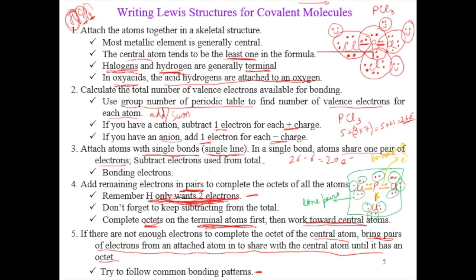All the other electrons that are around this, which is essentially the lone pairs that are present, are also called non-bonding electrons. So sometimes the question could be as simple as this. In the structure of PCl3, how many non-bonding electrons or how many lone pairs are present on phosphorus?